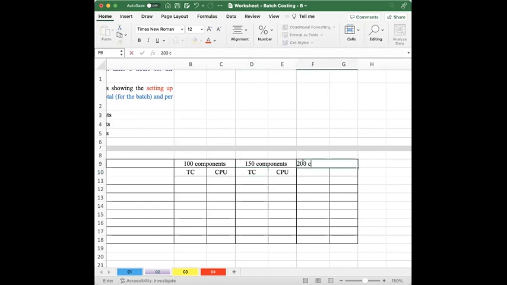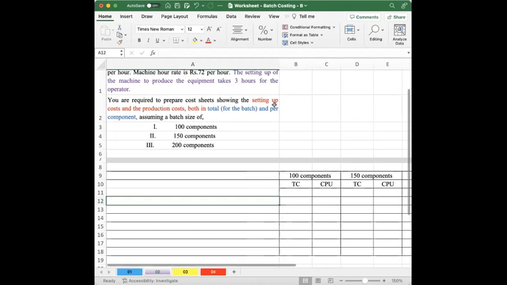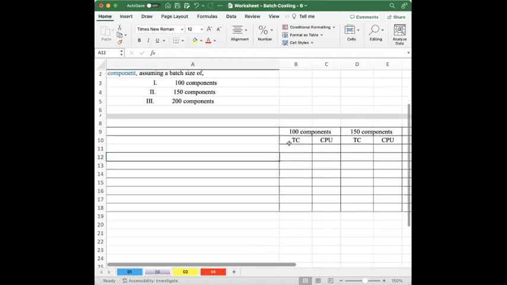The next one, the last scenario, when there are 200 components, again you have to find out the total cost and cost per unit, right? Now we are supposed to find out the setting up cost and the production cost, for both total cost and cost per unit. Now let's find out the values.